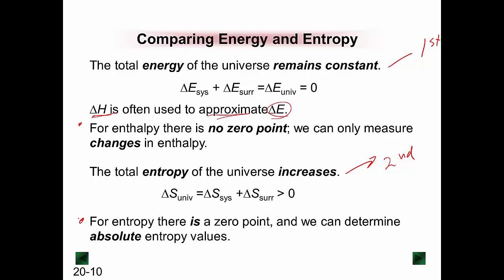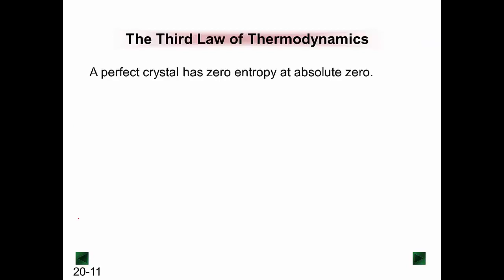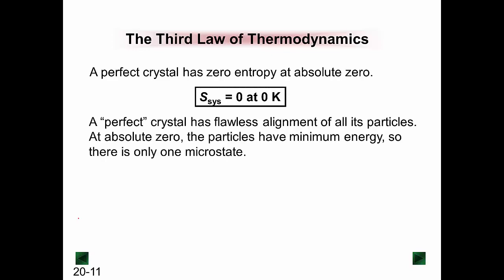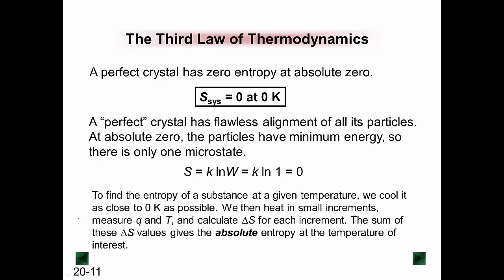We can only determine changes in enthalpy. And we'll find out later that our enthalpy will oftentimes be referenced. We'll have standard states, and we'll do that for entropy as well. But I want to go on and address this concept that entropy can have an absolute value.